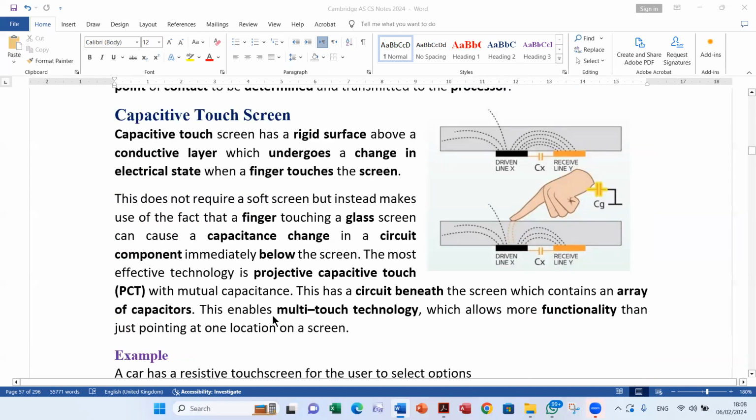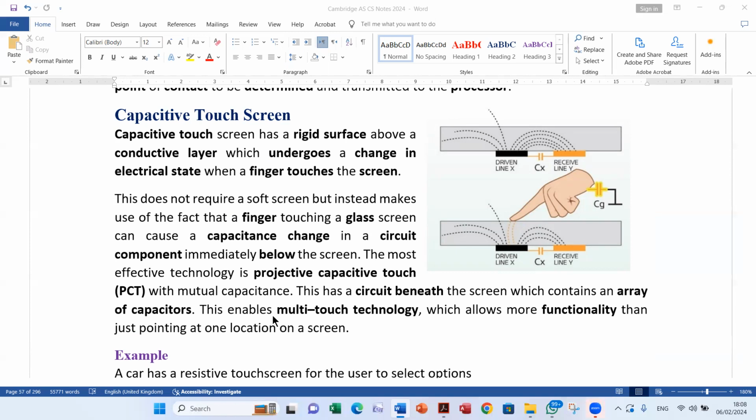The capacitive touch screen has a bit different technology. It has a rigid surface, which undergoes a change in electrical state when a finger touches the screen. So there is some disturbance of charges or electric field around the screen. This does not require a soft screen. Instead, it makes use of the fact that a finger touching glass can cause a capacitance change in the static field, in the charge.